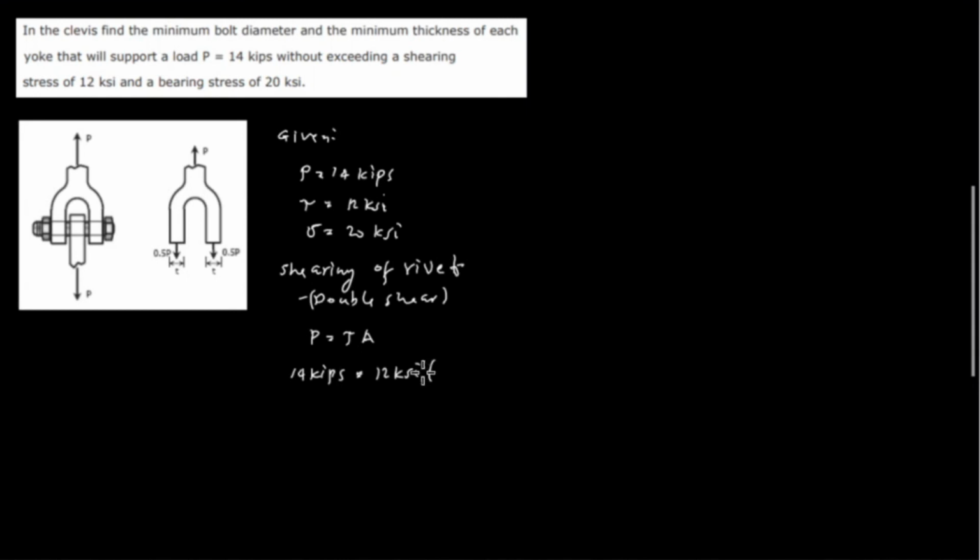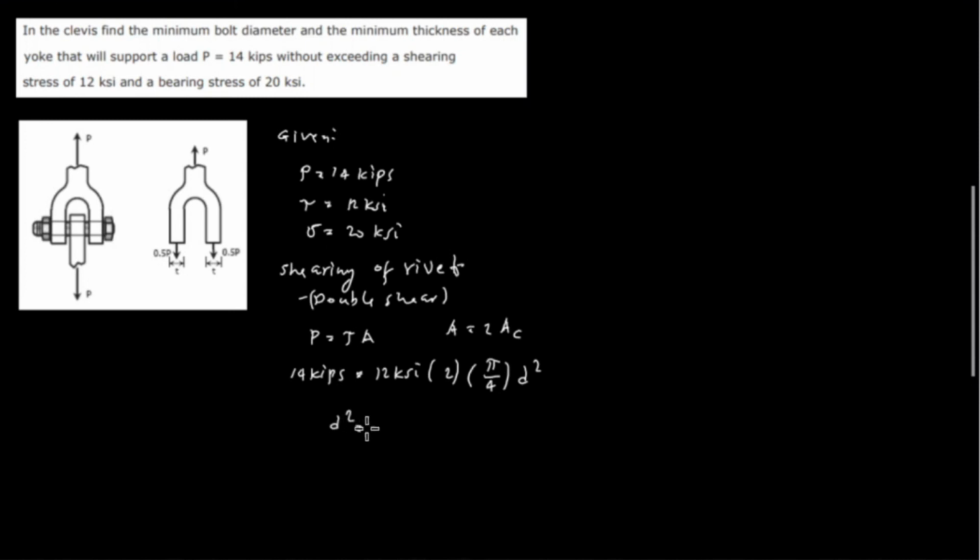So what is the area for the shearing of rivets? Because it is a double shear, the area is equal to twice the area of the bolt or the circle. So twice the area of the circle, which is pi over 4, multiplied by d squared.